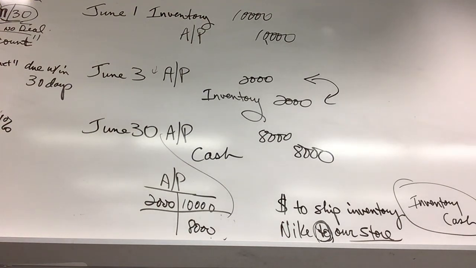Okay? Because there's this rule in accounting that any cost to get the inventory to the location in the condition to sell, so any cost to get that inventory to our store and get it ready to sell, has to go into the inventory cost, not into shipping expense or anything. So if we ship it to our store and we pay the shipping, it's got to go in inventory.